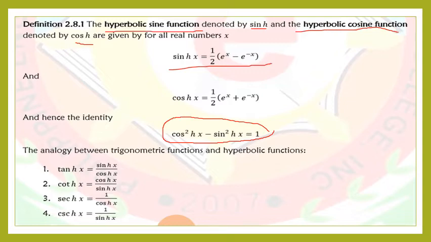So, kumbaga, trigonometric function na kinorelate na natin sa hyperbolic, same sila, pero dinagdagan sa kanya ng variable h para ma-identify na hyperbolic function na ito. And secant naman is 1 over cosine, diba? And then cosecant is 1 over sine. Kung hyperbolic secant function, lalagyan ng h, at cosecant, lalagyan ng sine h. Same lang talaga. Yun yung analogy between the trigonometric function and the hyperbolic functions.